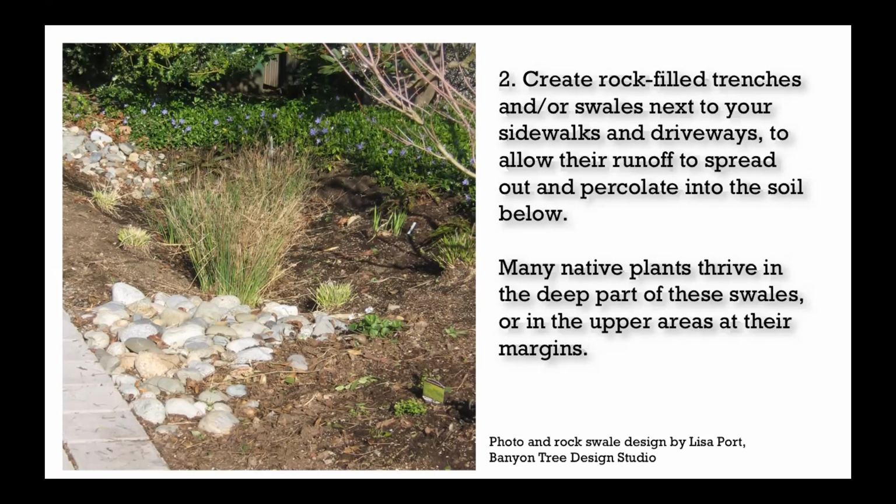And also in the upper part, in the margins of these swales or rock trenches, there are many native plants that will sink their roots down into that wet swale, but also be able to thrive in the drier soils at the upper parts and in the surrounding areas.